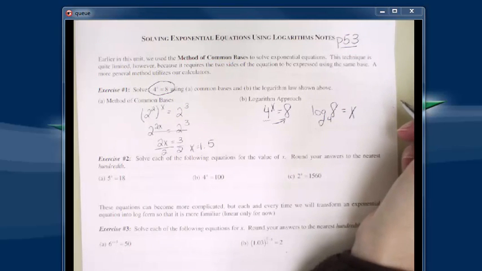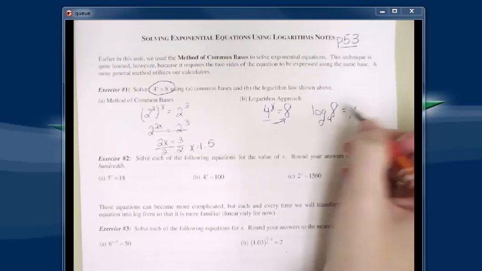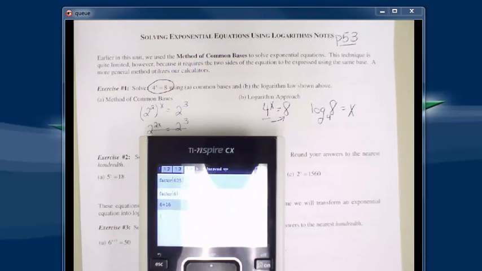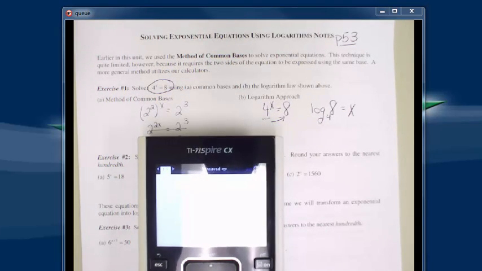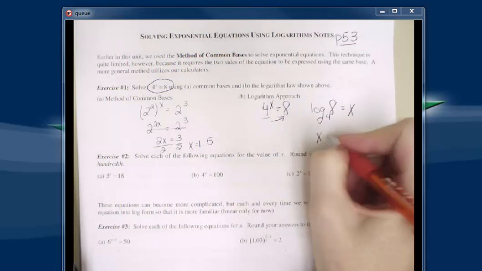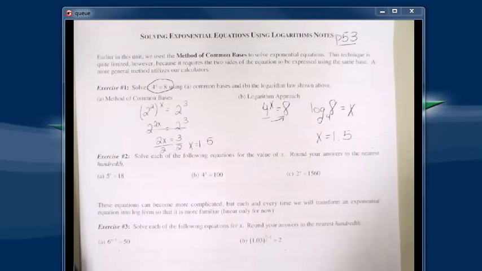That's how I will convert it back and forth. Okay? So now, that is something I can type in the calculator. So, log base 4 of 8 is 1.5. Exactly what we wanted.